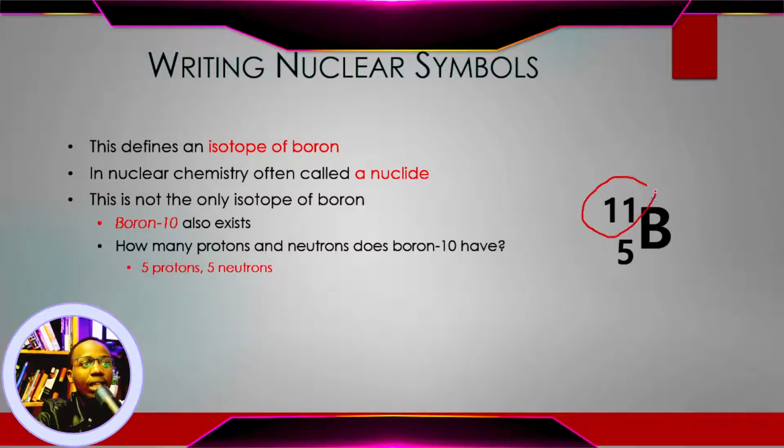So instead of 11, sometimes you have some that have 10. All right. So how is that different? It's different because remember that the differences in mass number, the differences in isotopes come from the differences in neutrons. So we're talking about the nucleus here.